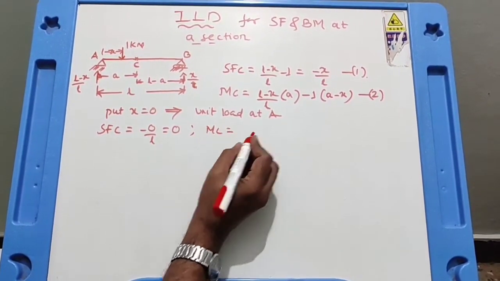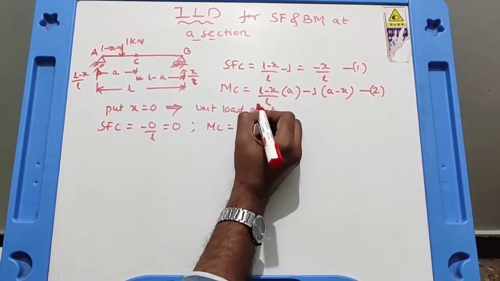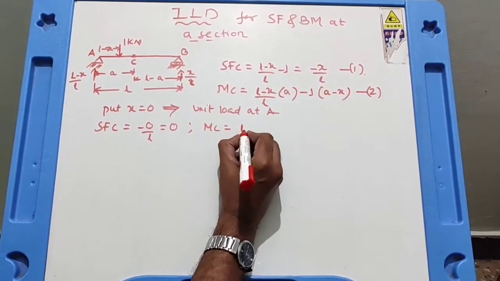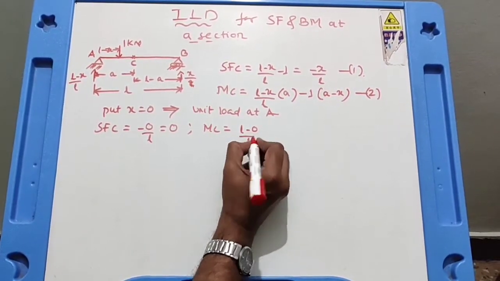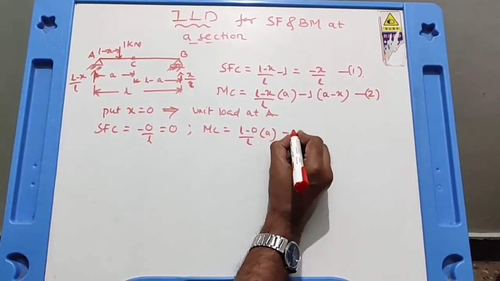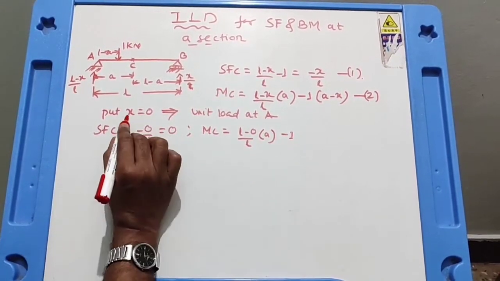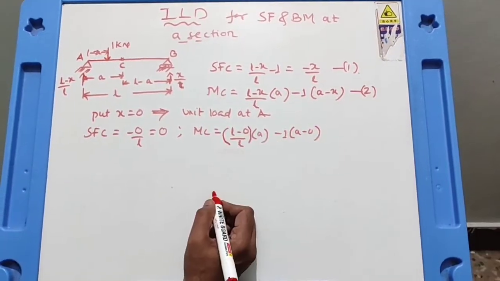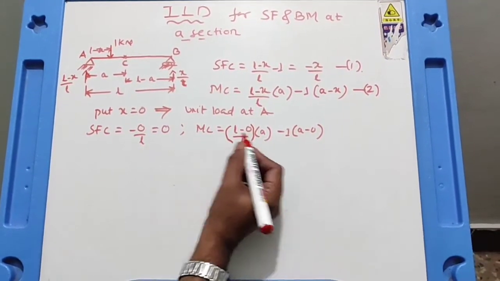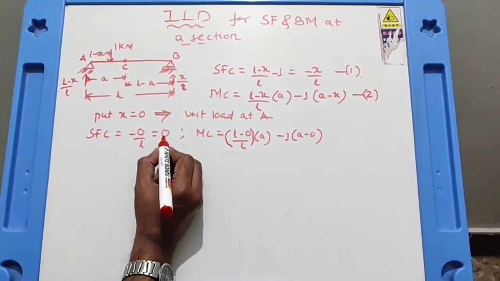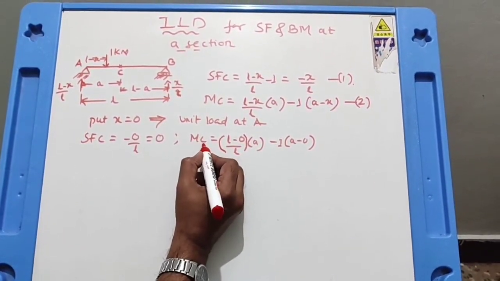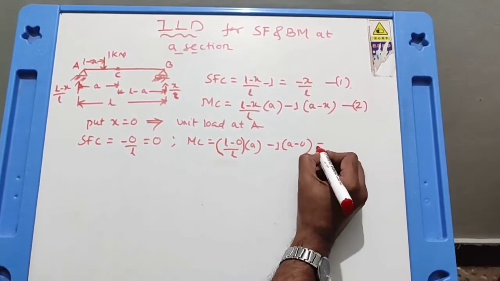Let us do that substitution. Put x equal to 0: (L minus 0) upon L into a, minus 1 into (a minus 0). So you can see if you substitute x equal to 0, you get shear force equal to 0. And if you substitute x equal to 0 for the bending moment at C also, you just do the simplification, and you are going to get 0.